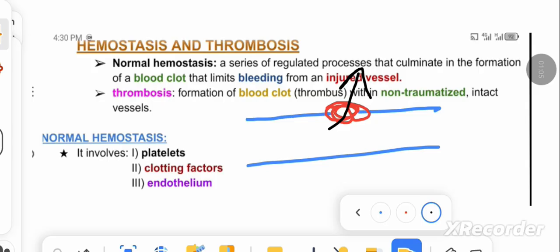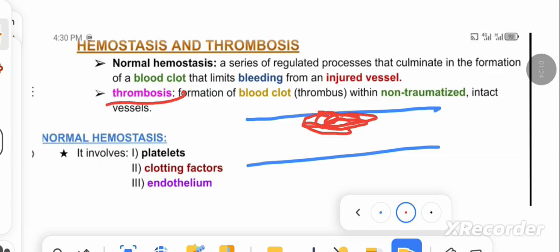That is normal hemostasis. But now if we have formation of these clots in an intact normal blood vessel, let's say there is just a minor injury there, and then we start having accumulation of these clots on the blood vessel forming what we call a thrombus, then that will be called thrombosis.